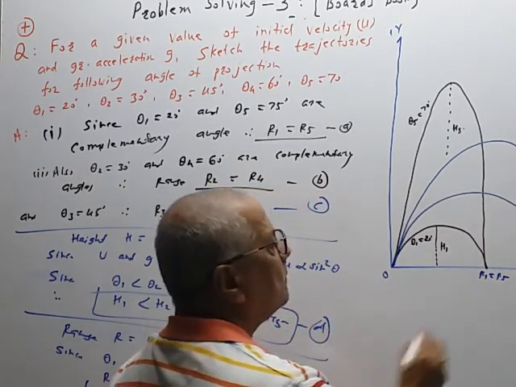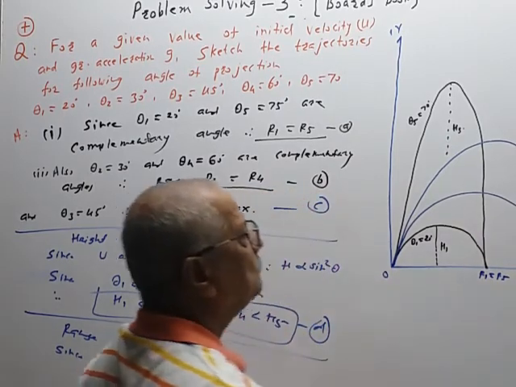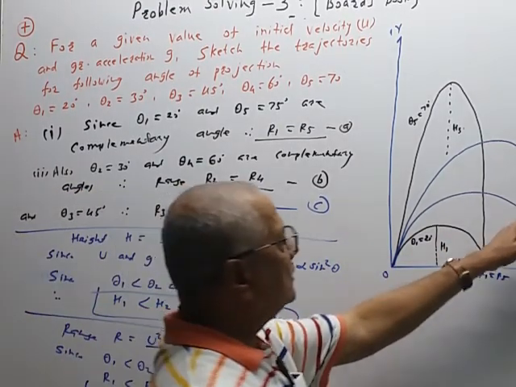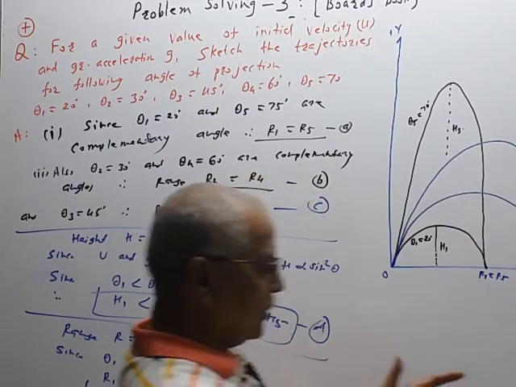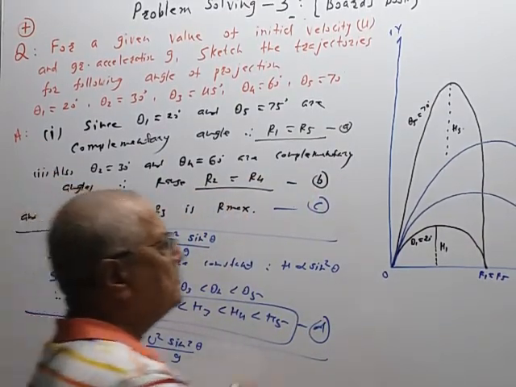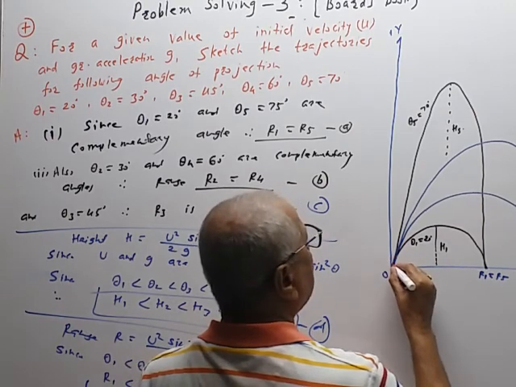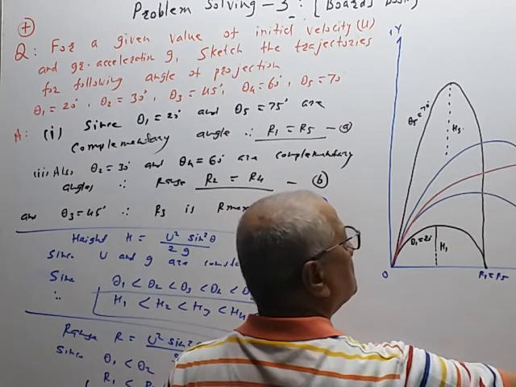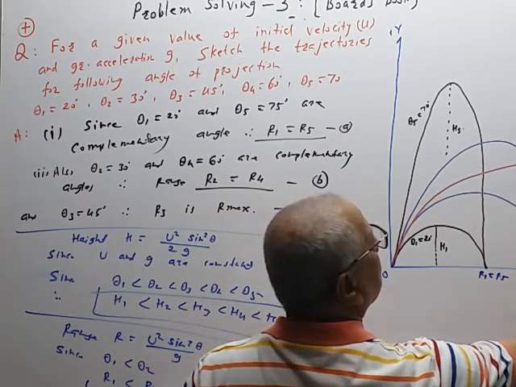The range is same. R2 is equal to R4 like this. But height is more. So 20, 30, 60 and now 45 degree. So 45 degree has maximum range and height will be in between. So for 45 degree the trajectory will be like this. So this is theta is equal to 45 degree.